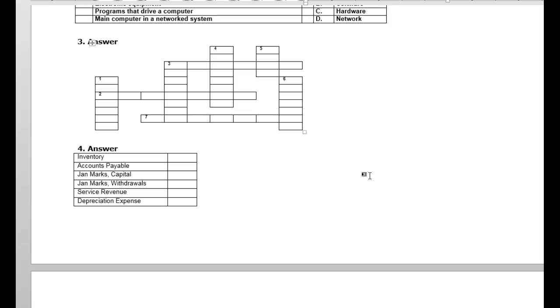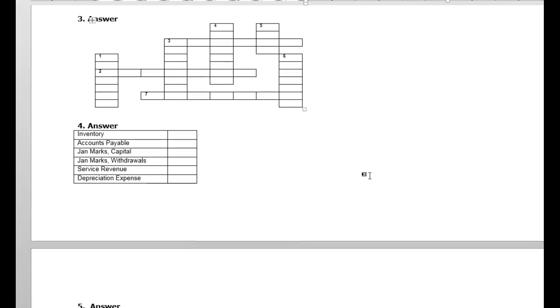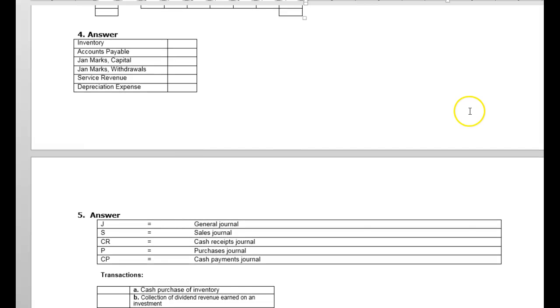So look in the book, look at your numbers, and then you will have to know what these accounts are. Are they assets? Are they liabilities? Are they equity? Are they revenues, expenses? Where do they show up? And that'll tell you what account number you'll use.